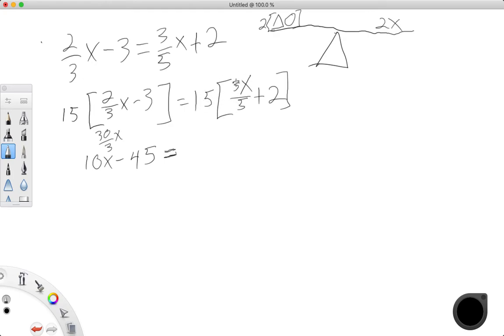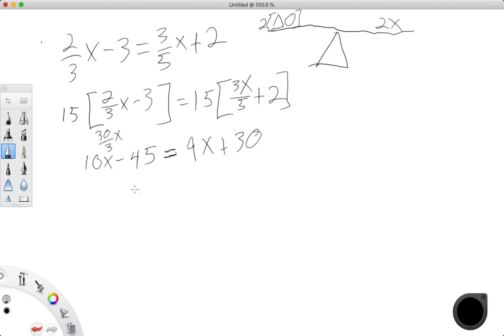You can do 15 times 3 and get 45, and then divide by 5. But if I do 15 divided by 5, that leaves me with 3, and 3 times 3 is 9. So either way, I'll get 9x. Just one way is easier for me. If it's not easier for you, then do it the other way. That's fine. We want to do what we know. 15 times 2 is 30.